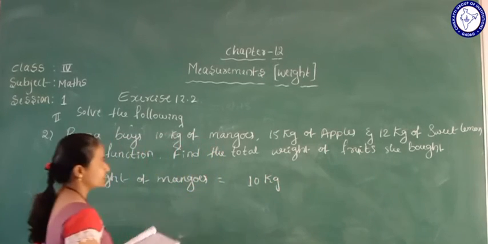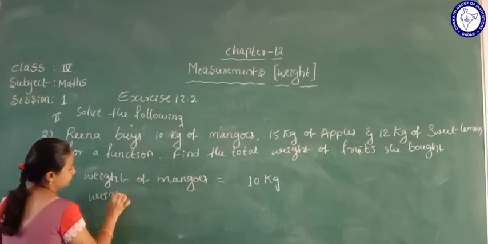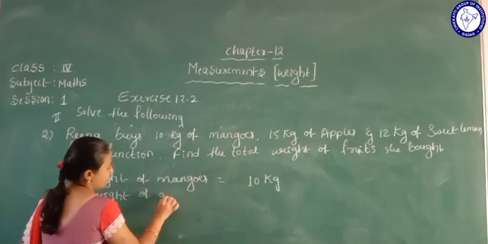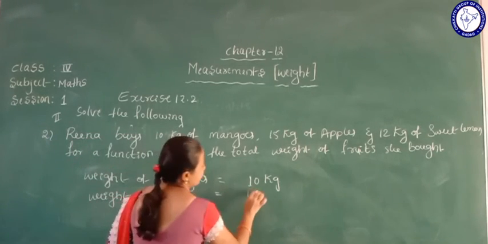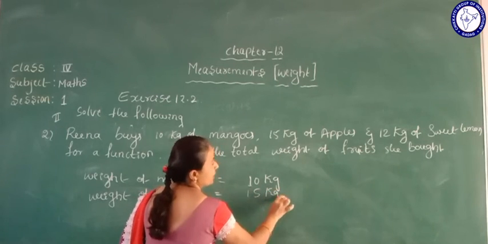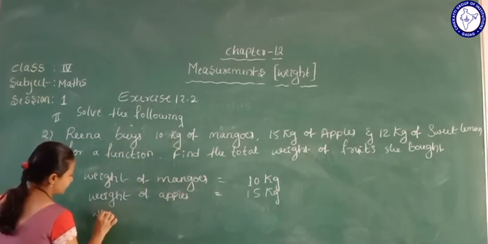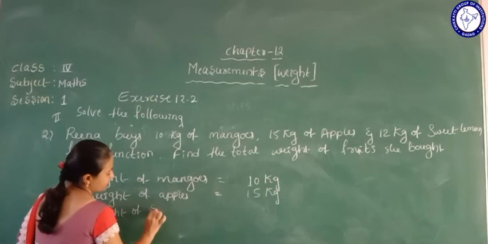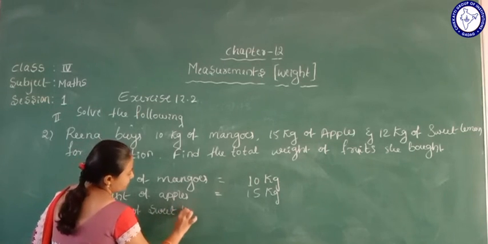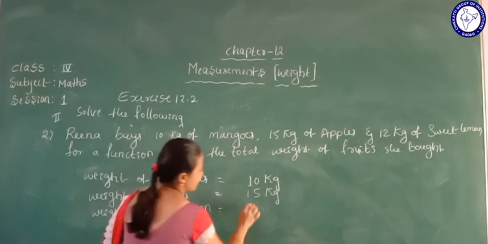Yes. Next, weight of apples is equal to 15 kg. Yes. Next, weight of sweet lemon is equal to 12 kg.